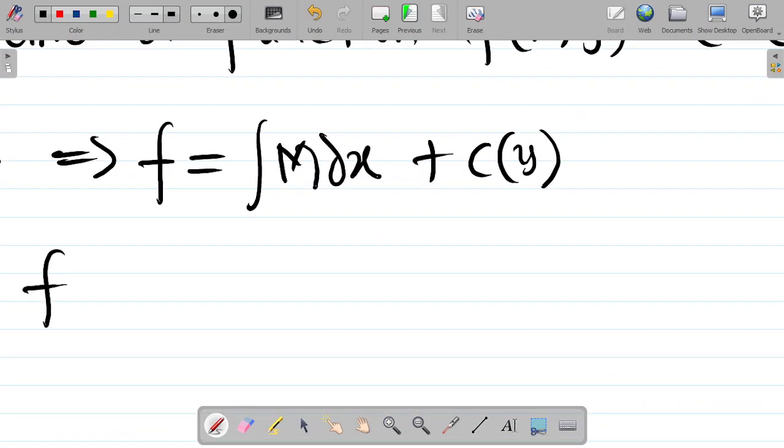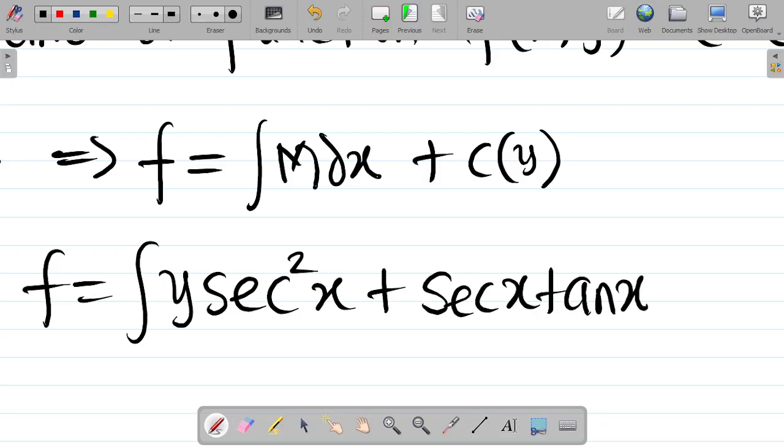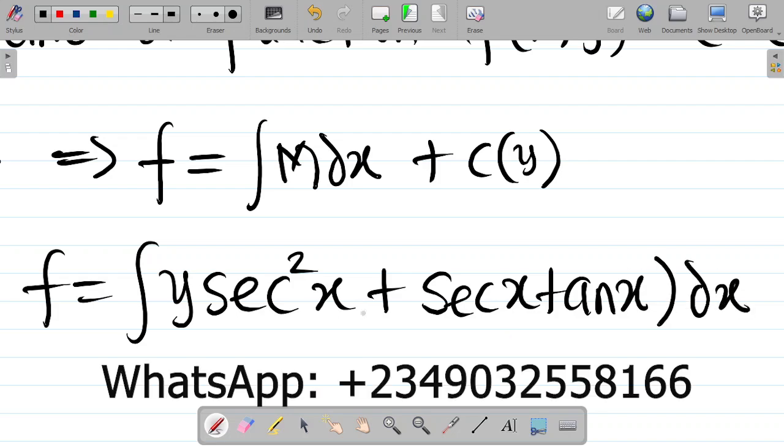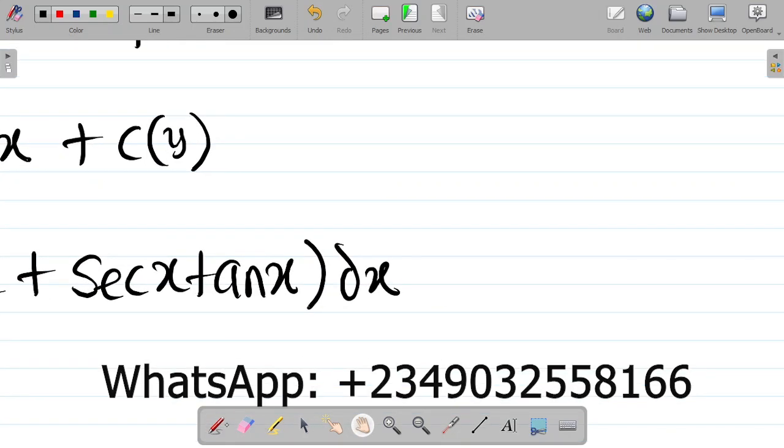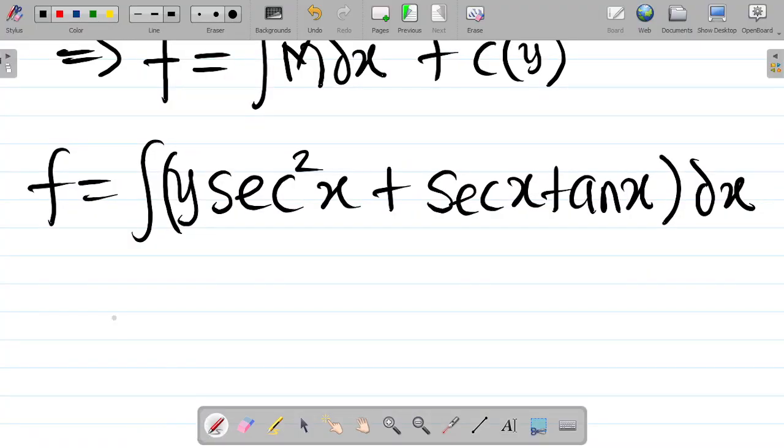So we have that f is equal to the integral of y sec squared x plus sec x tan x, of course, with respect to x, and whatever we have here, we'll add to c of y. So what do we have here? If I integrate this, we'll have that f is equal to, now y is a constant here, so you take it outside there, that's y.